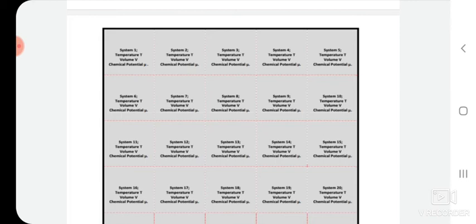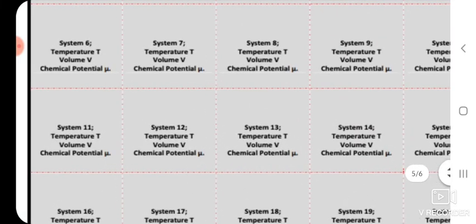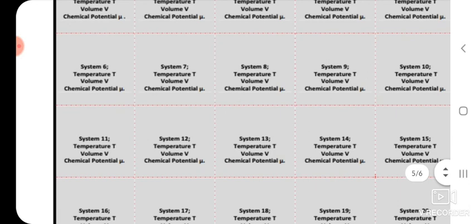The systems of a grand canonical ensemble are separated by rigid, permeable, and conducting walls. This ensemble is shown in this figure.